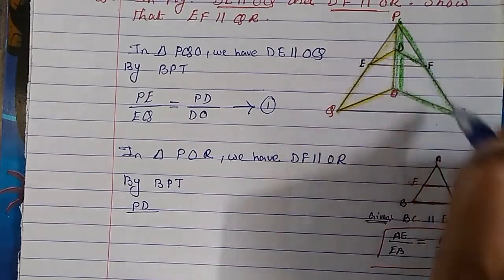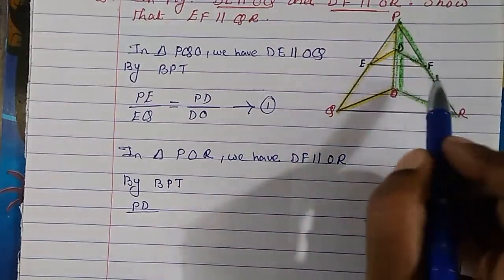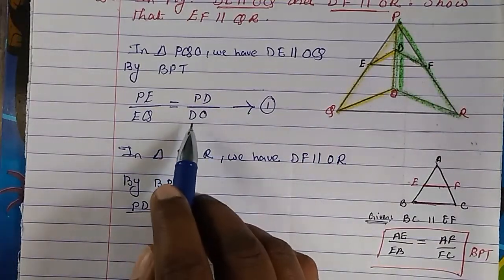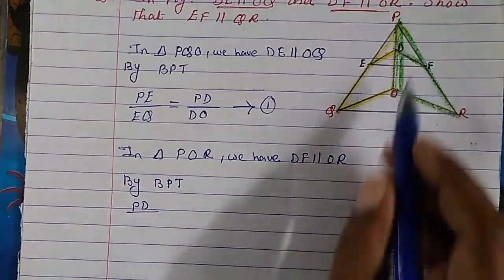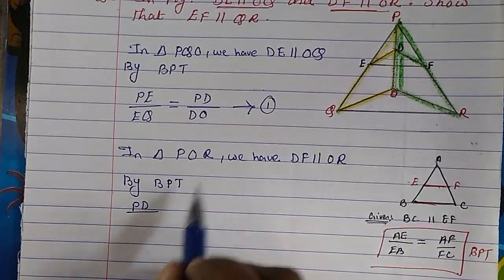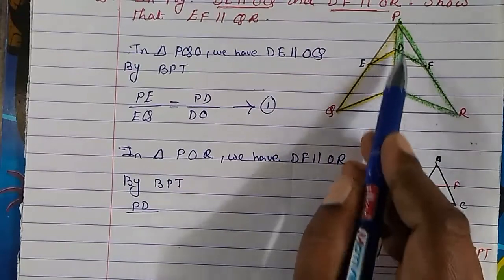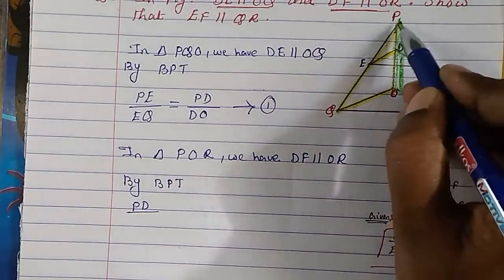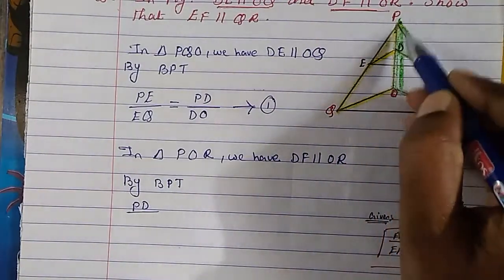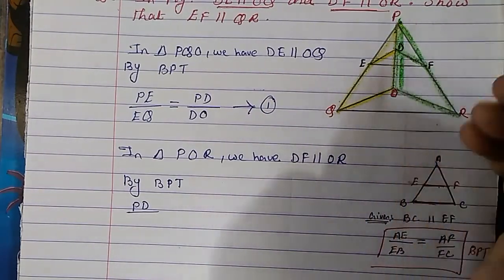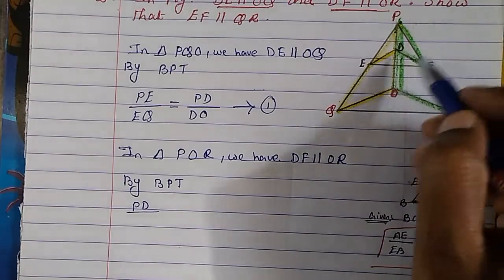Let's take the other side, because we have to prove finally that these two are parallel. Let's bring PD upon DO to one side. Here we have written this side first, then we wrote the right side. In the same way, let us take this as left side and this as right side.